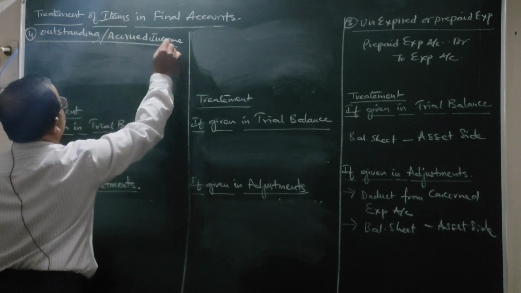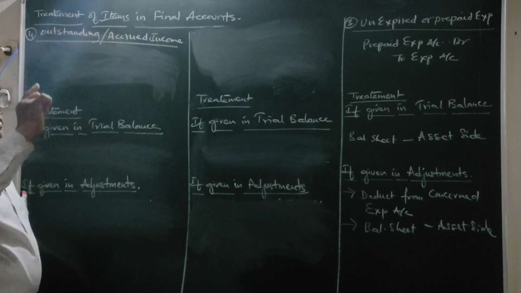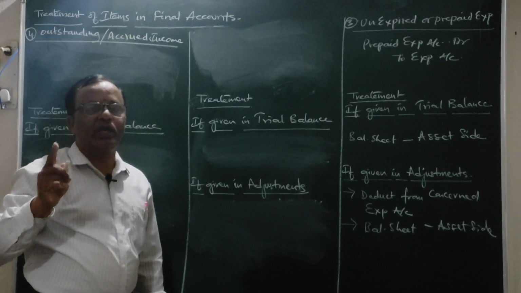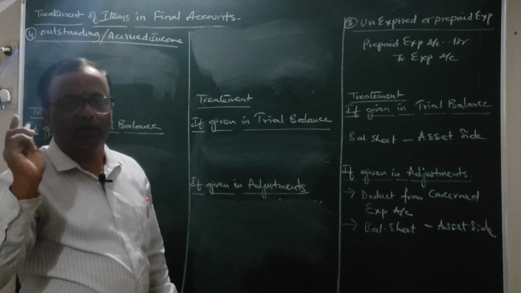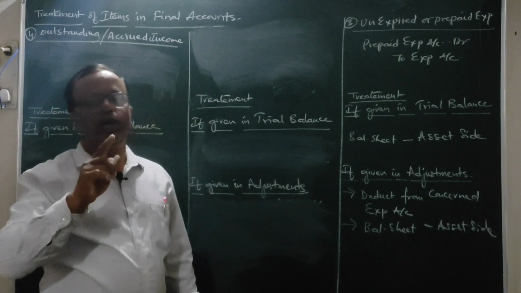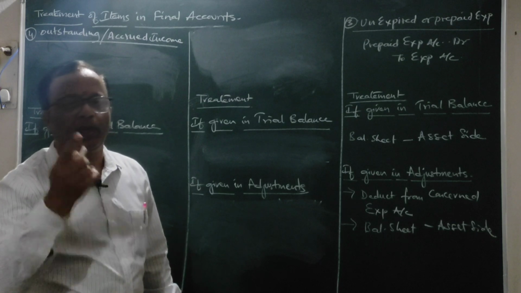Now what is the meaning of accrued income or outstanding income? If you say outstanding income, it is income receivable. If you say outstanding expense, it is expense payable.